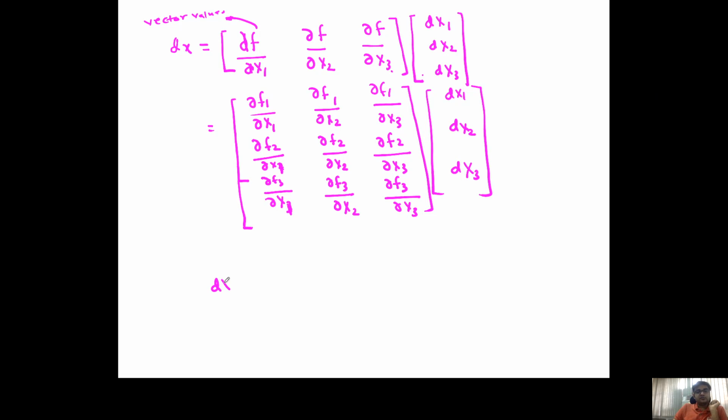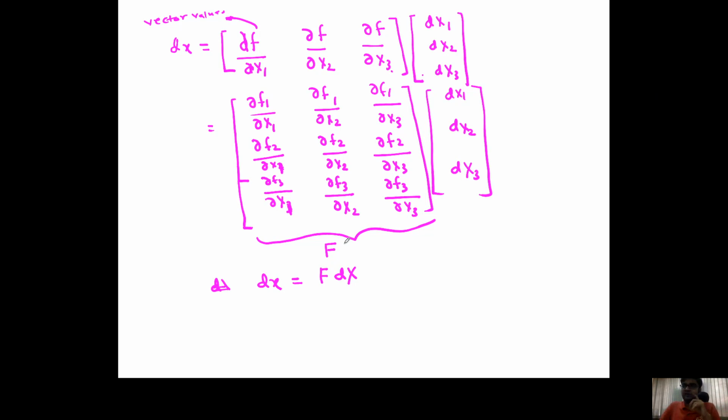What we have here is dx, not capital X, small dx is equal to F times dX. This is what I'm calling my F matrix. I'm not sure of the name, but I think it is also known as the deformation gradient or displacement gradient.